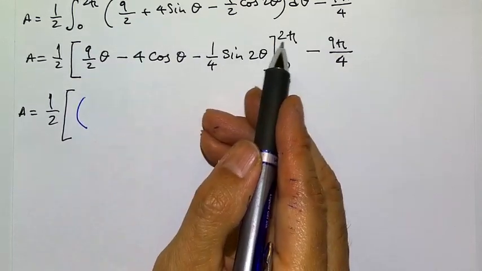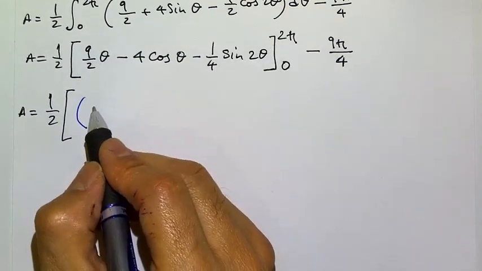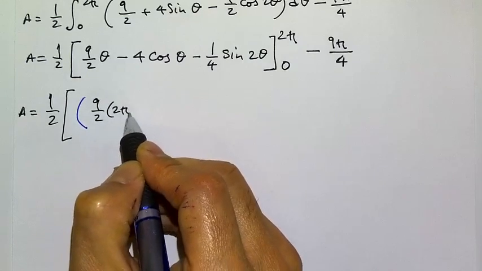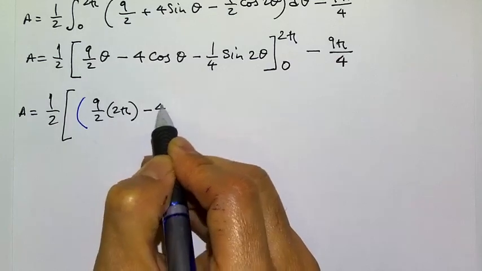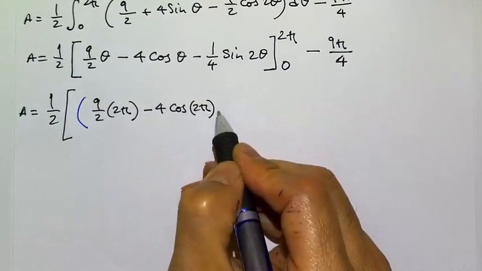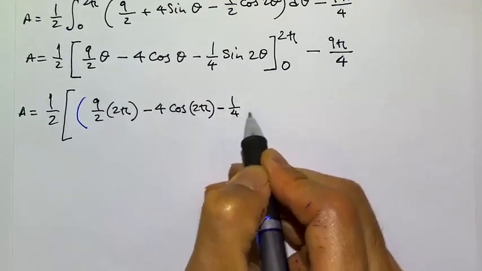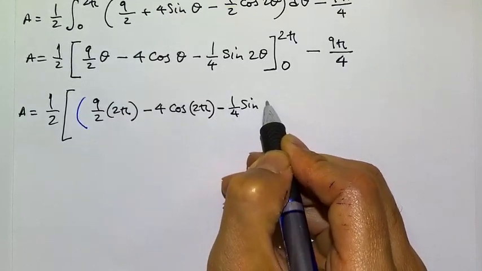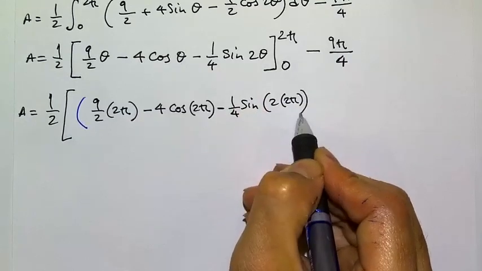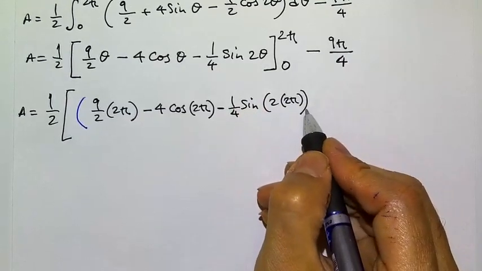But let me start with substituting for theta with 2 pi first. So we have 9 over 2 times 2 pi minus 4 times cosine of 2 pi minus 1 over 4 times sine of 2 times 2 pi.